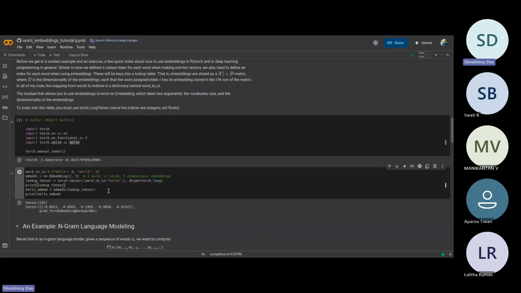So this has been learned maybe using word2vec. Okay, so they have learned these word embeddings.